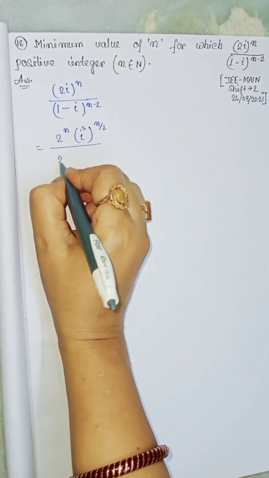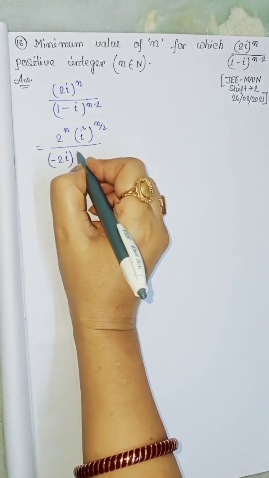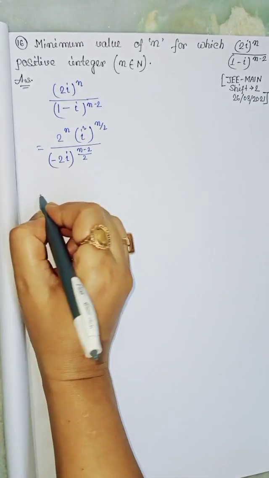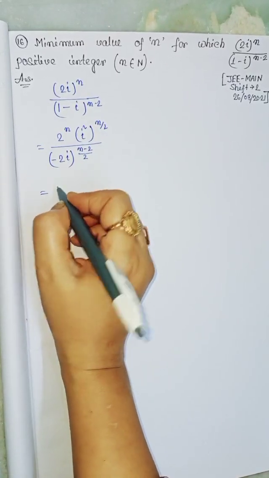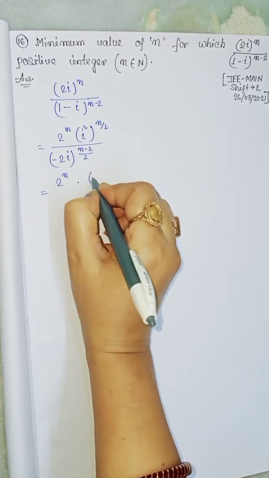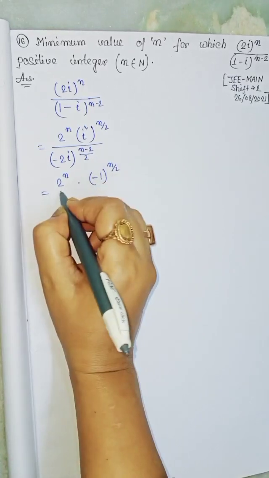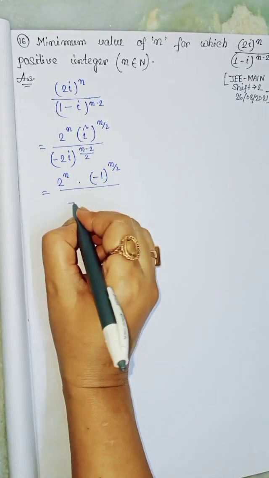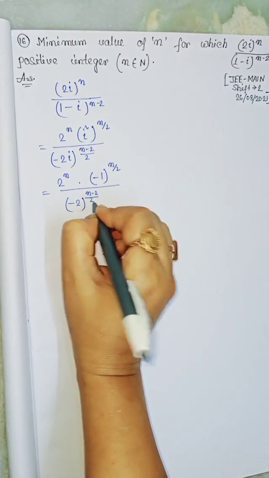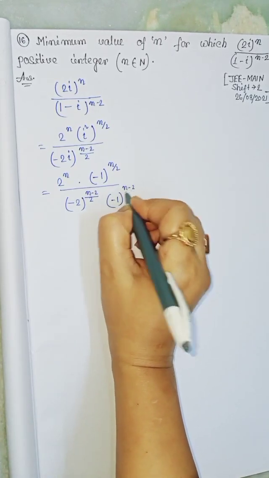Now the denominator is (-2i) to the power (n-2) by 2, and once again simplifying, 2 to the power n into (-1) to the power n by 2. The denominator is (-2) to the power (n-2) divided by 2, times (-1) to the power (n-2) by 4.